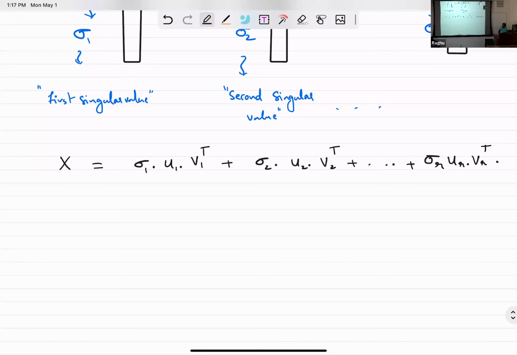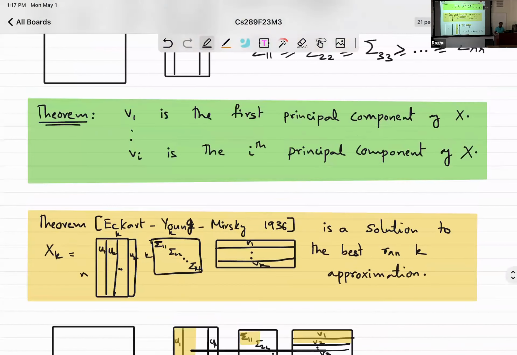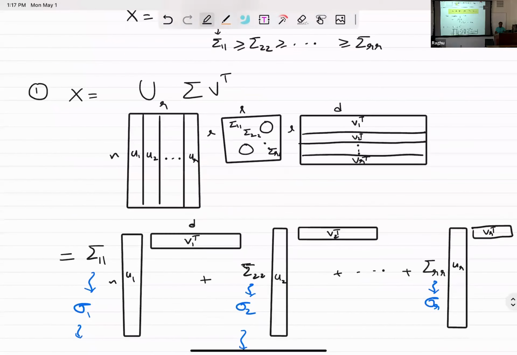Okay. We also gave some names to the V's. Because of this theorem, we know that each Vi is the ith principal component, and hence also the ith right singular vector. We said principal components are also called right singular vectors.